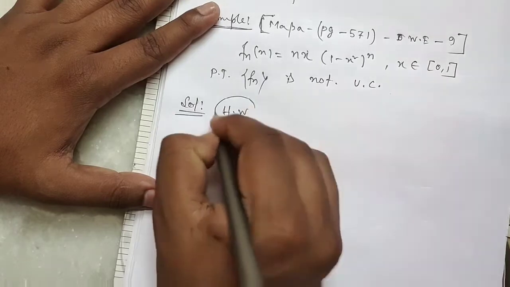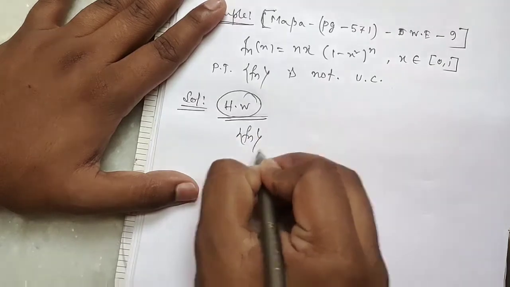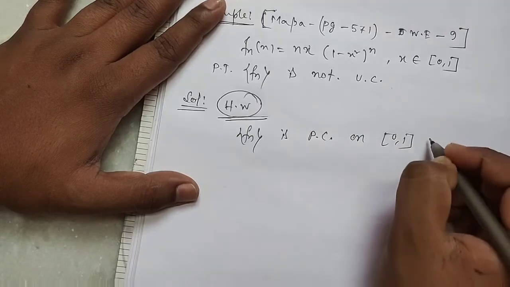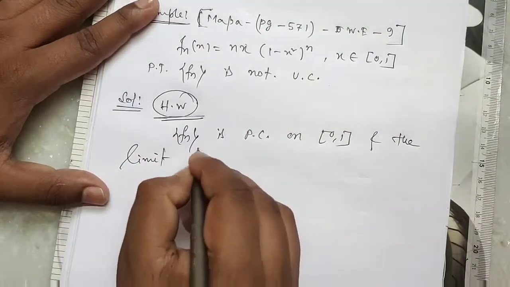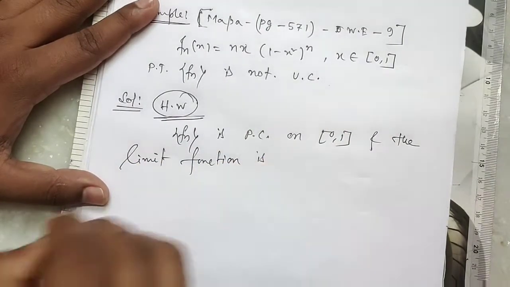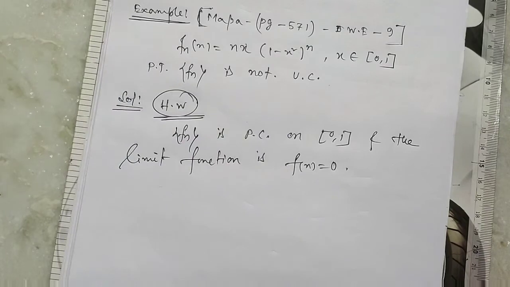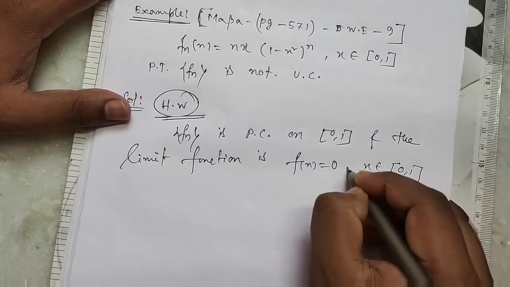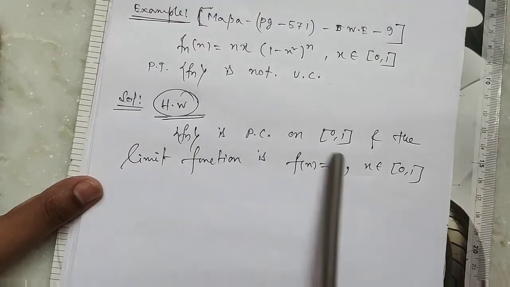This is your homework. Just write that the sequence of functions f_n is pointwise convergent on [0, 1], and the limit function is f(x) equals 0 for x belonging to [0, 1]. Clear?